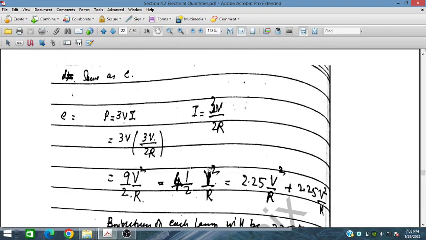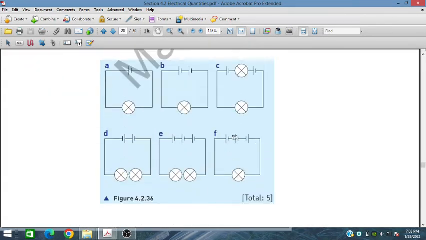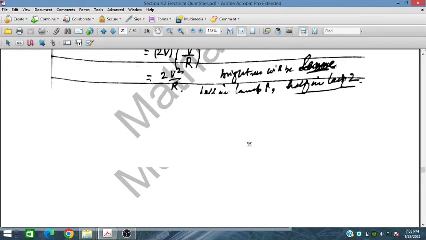Otherwise it will be less, because these two will cancel each other. I've assumed the bigger line is here, a smaller is here, so all is in series.